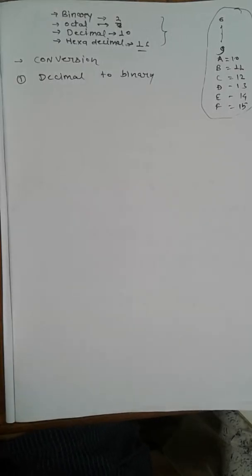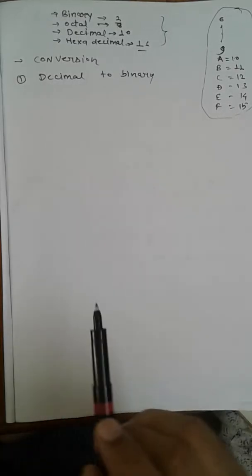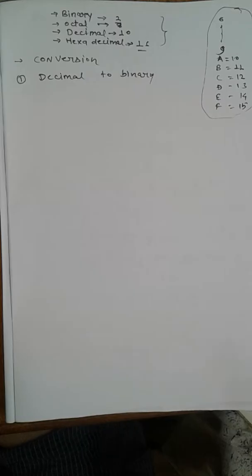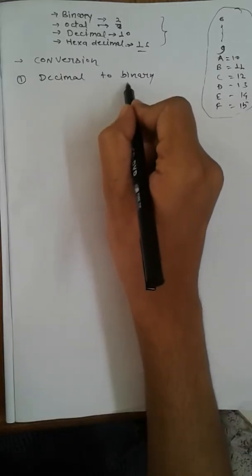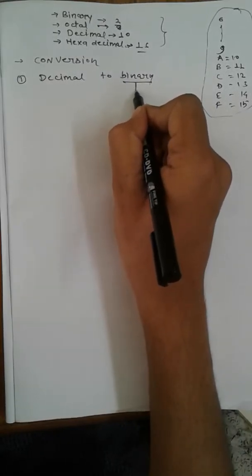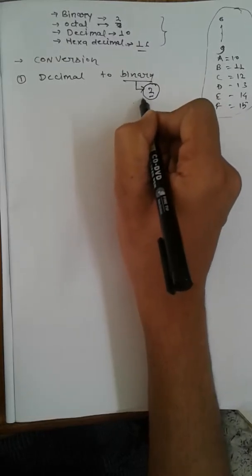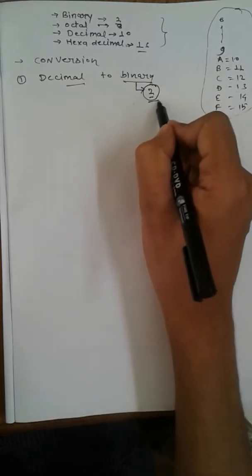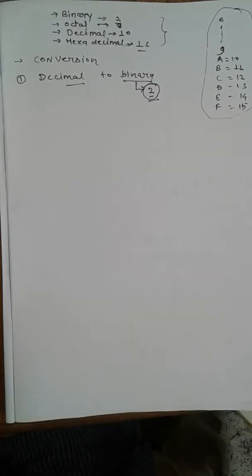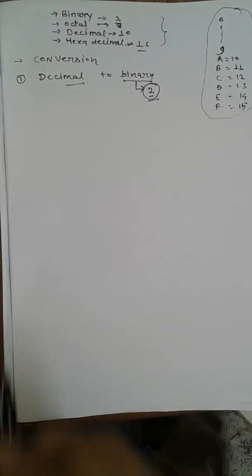In any decimal to any-base conversion, firstly we have to see the base to which we have to convert. Here the base is 2, so we have to divide the decimal number by 2, and by this method we will convert.